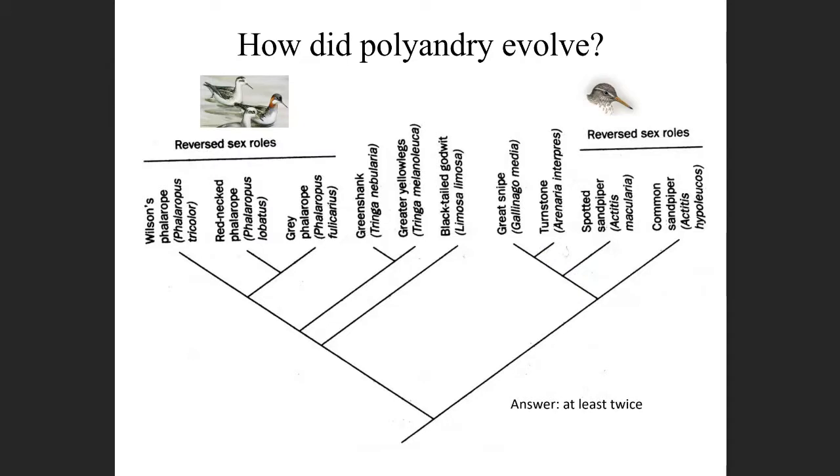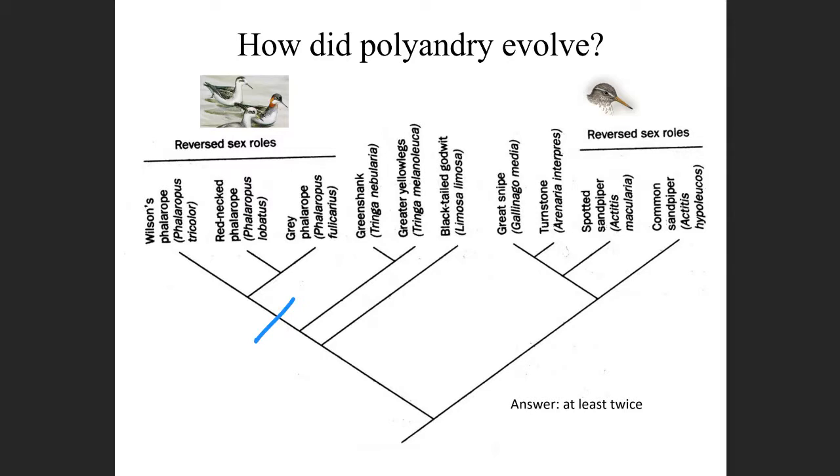And so when this was, I think this is Lars Gustafsson, when this hypothesis was tested by mapping the behaviors onto the actual phylogeny of the shorebirds, what they found was, within this clade, the phalaropes, it looks like it evolved once. Whoops, need a pen.